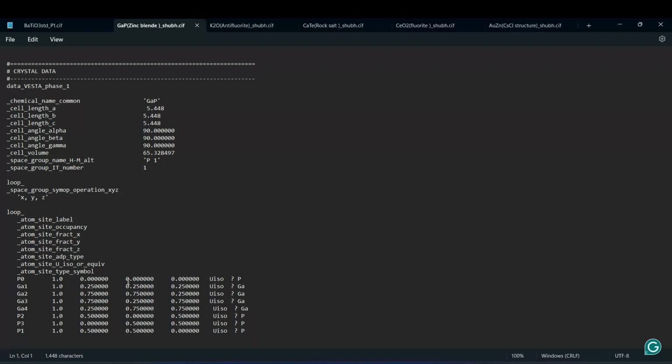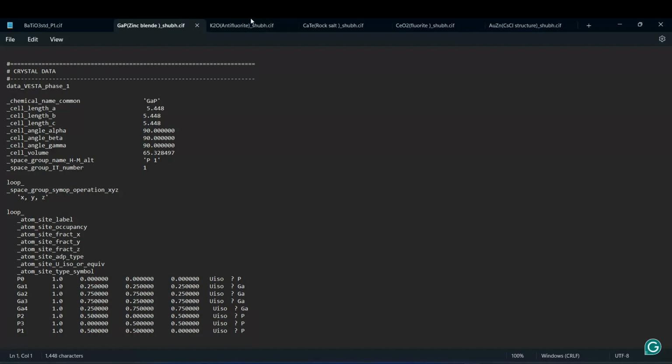And these are the alternate tetrahedral voids. If the first gallium is at 0.25, 0.25, 0.25, then gallium 2 will be at 0.75, 0.75, 0.25. Similarly, gallium 3 and gallium 4. These will be occupying the alternate tetrahedral voids, and the phosphorus will be forming the FCC of the structure.